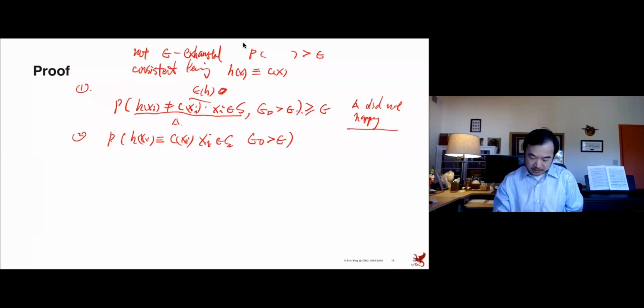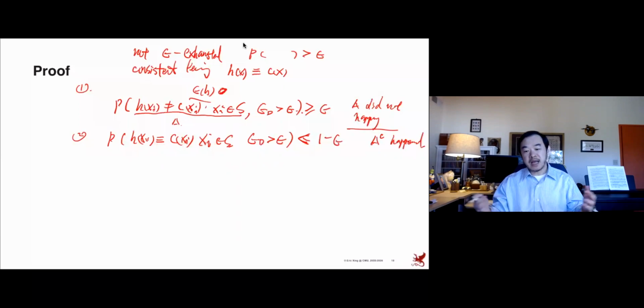I saw someone answer already. It will be smaller than 1 minus epsilon. Okay, that's nice. And you can imagine that we really want this probability to be big, because this A complement happened. Because we see it happened, it must have a good probability. Otherwise, we wouldn't see it happening.